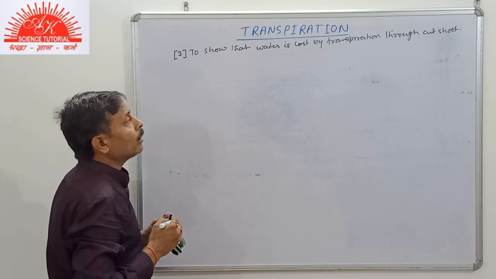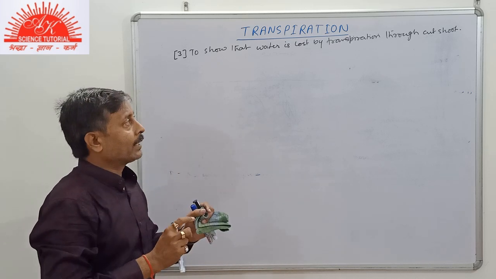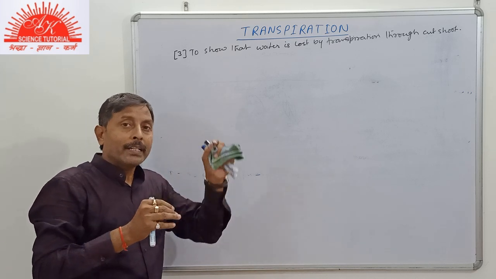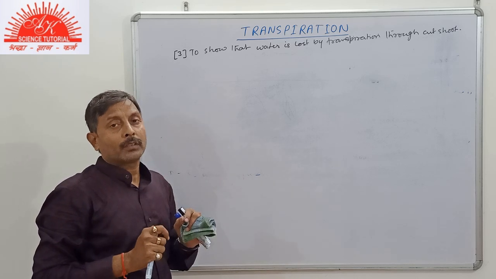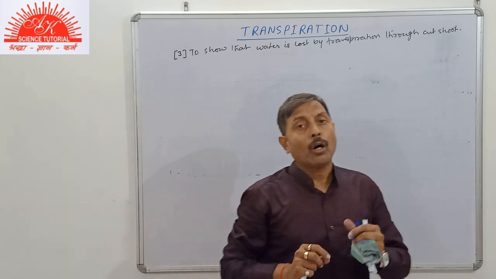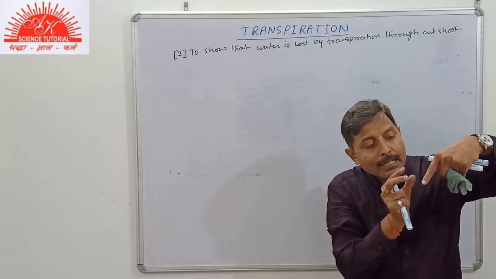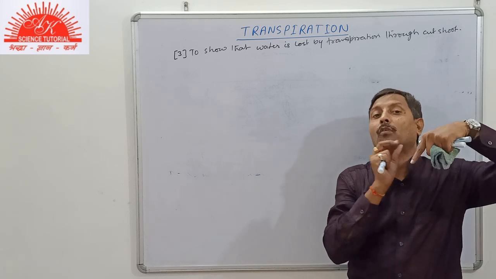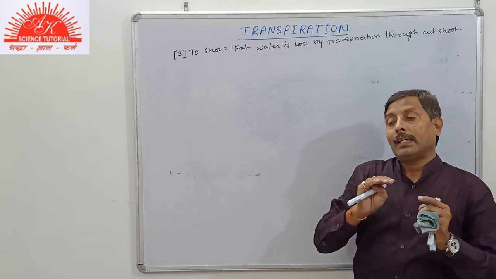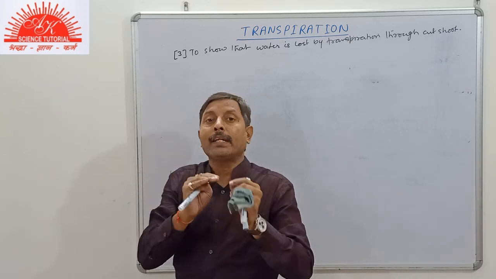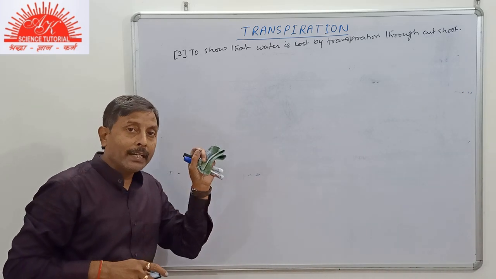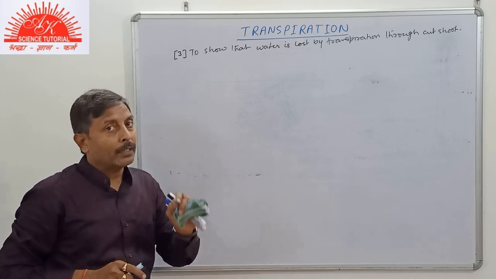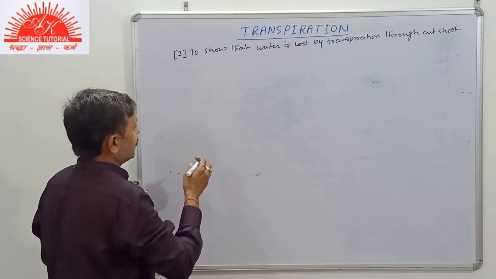We take a small shoot, we cut it obliquely by dipping in water. The shoot is cut obliquely to provide large surface area for sucking of water, and it is cut by dipping in water to prevent air from entering into the capillary tube, into the xylem vessel.